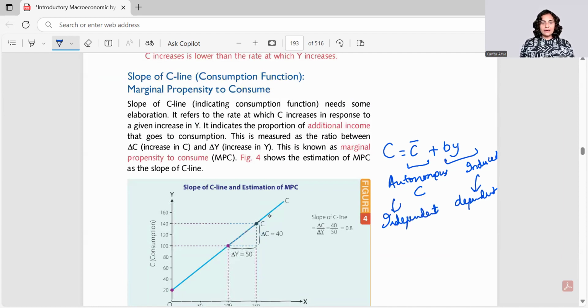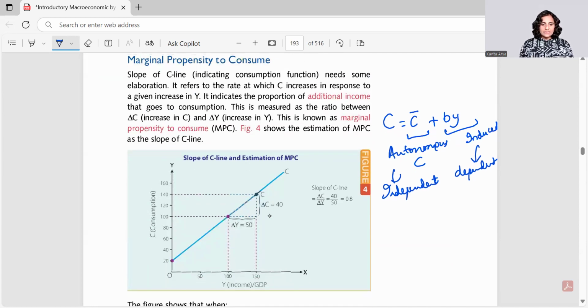So in this diagram also, we are talking about consumption beginning from 20 instead of 0, so the value of autonomous consumption happens to be 20 here. b is MPC, which is elaborated here. I'll give you the details. b is nothing but MPC, or marginal propensity to consume, and this is nothing but the slope of the consumption curve.